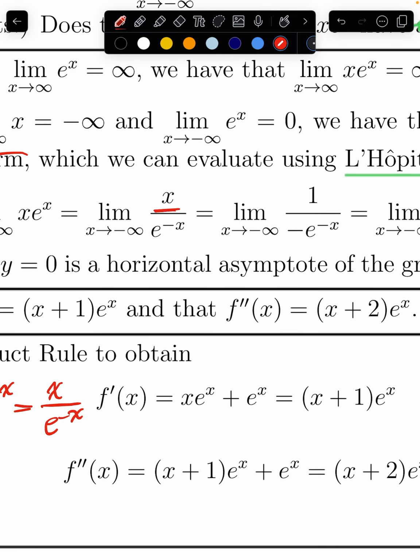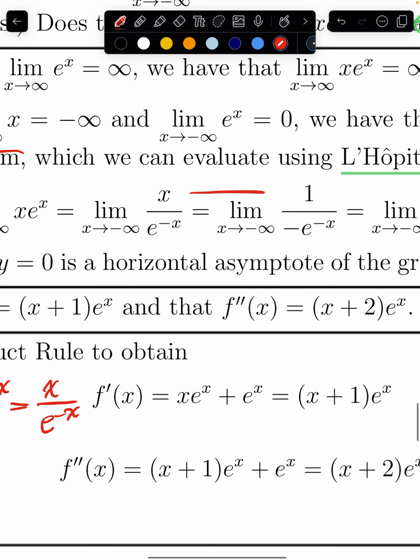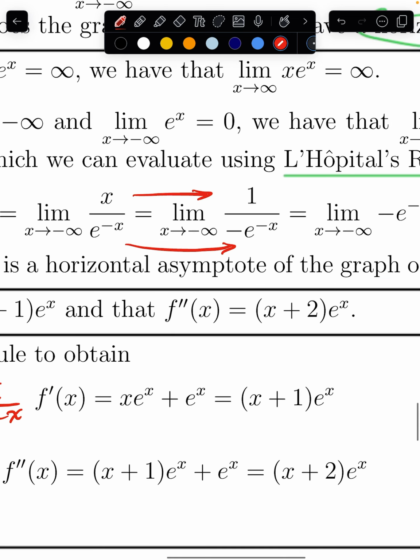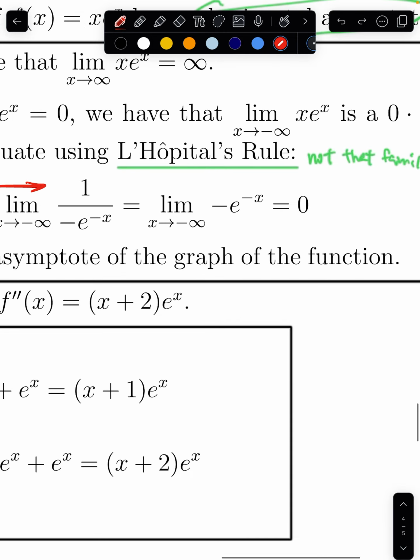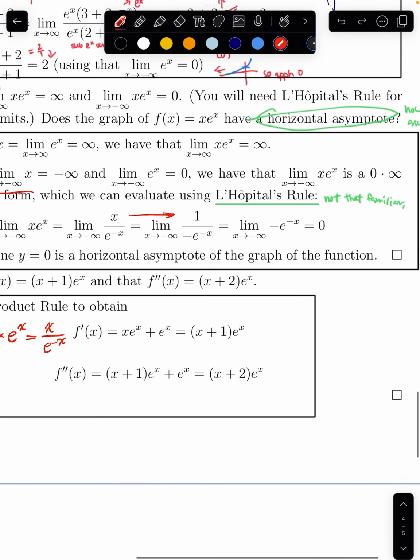So differentiating x is 1, right? And then differentiating e to the negative x is negative e to the negative x. And then they just plug in that same thing to test that.